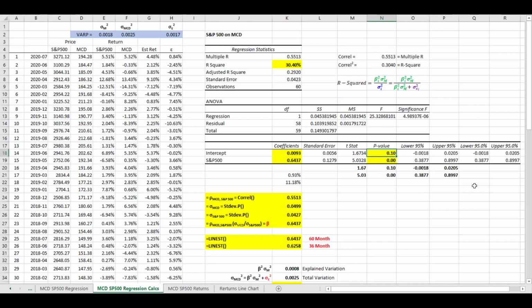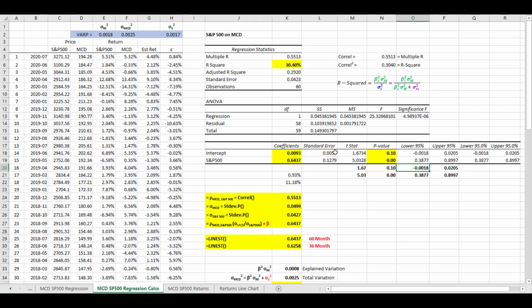Here's another way to look at it. I can actually take this estimate, this 0.0093, and to that I can add essentially the inverse value from this distribution, which is going to be the t inverse, 0.025, so it's 2.5% in each tail, and again, 58 is the number of degrees of freedom, and I can multiply that by the standard error.